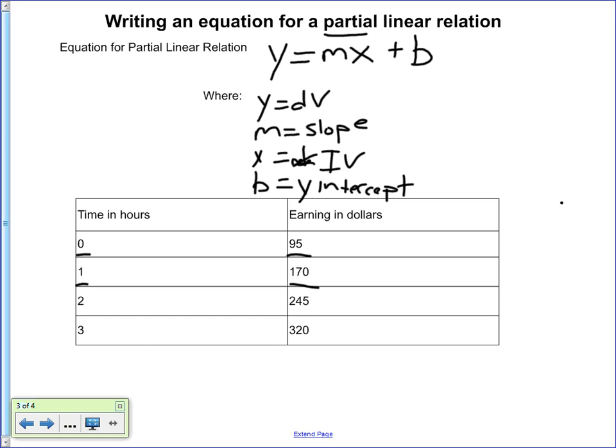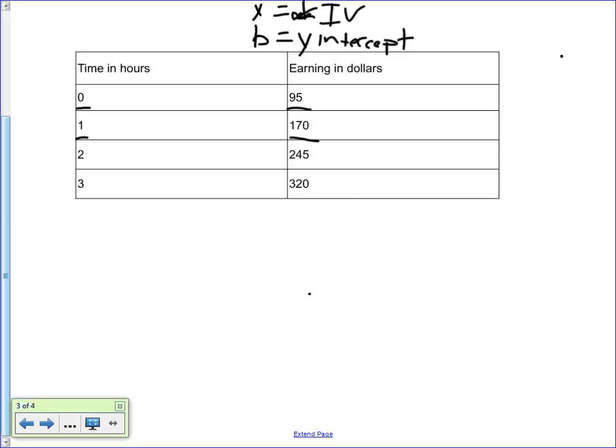What we can do with this information is, if we looked at the graph, we would see that it does not start at the origin. It starts at 95, right? So if that was 100, we would start somewhere about 95, and that would be part of our line.